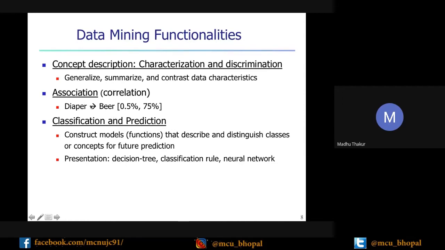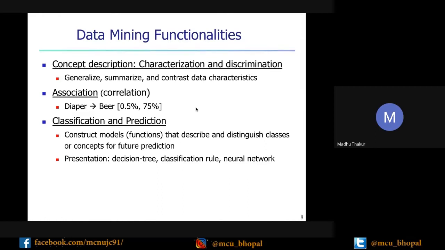Either both appear together, or if DB is high, then TB is also high. Or in your diabetes data, if your weight is over, then diabetes is severe. That kind of correlation you can find under association.